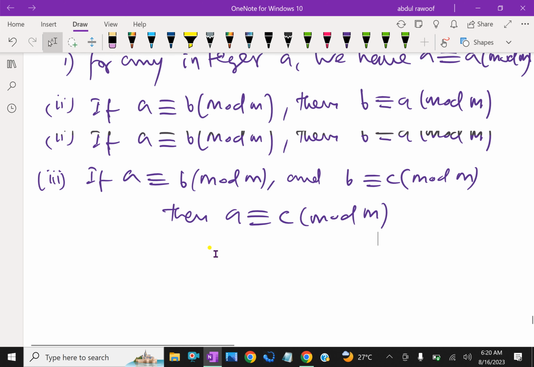Then m divides a minus r. Then we can say a is congruent to r mod m.